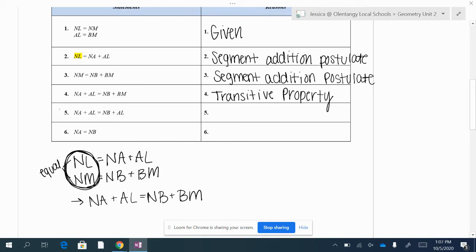Okay, then I look from 4 to 5. It all looks the same, until we get right here. Okay, so BM became AL, and looking in my given, we were given that those are equal to each other. So that is going to be substitution.